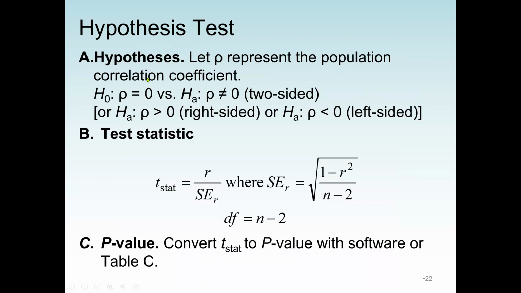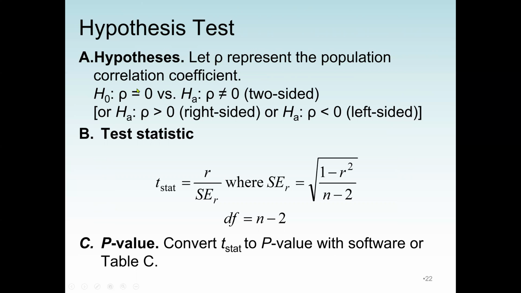So the process again: first, we state our hypotheses, the H0 and HA. Here our claim is about the population correlation coefficient, rho, while r represents the sample correlation. We say rho equals 0.